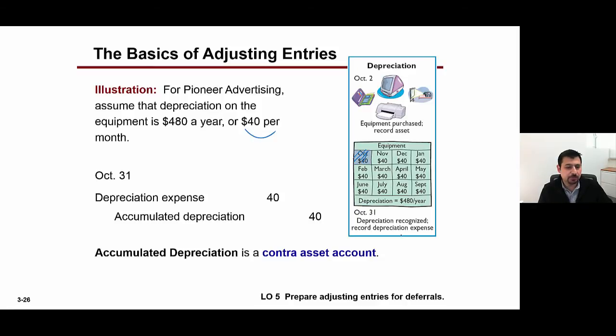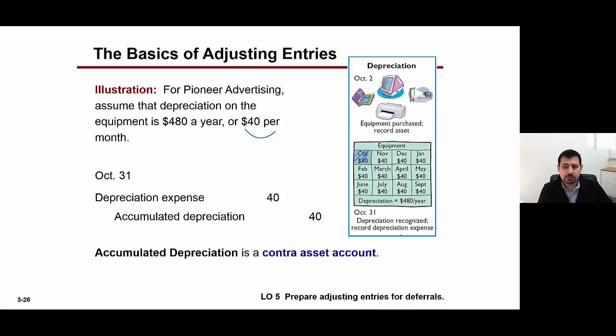So it would be equipment less accumulated depreciation for equipment. And in the ledger as well as on the balance sheet, accumulated depreciation shows immediately after the asset. So the contra asset will show up immediately after the asset.